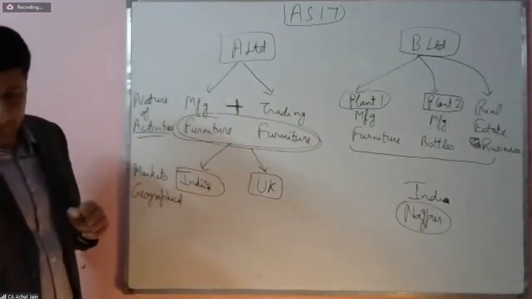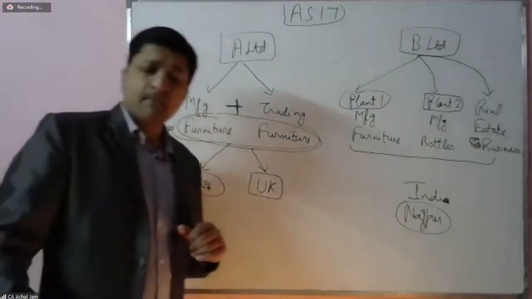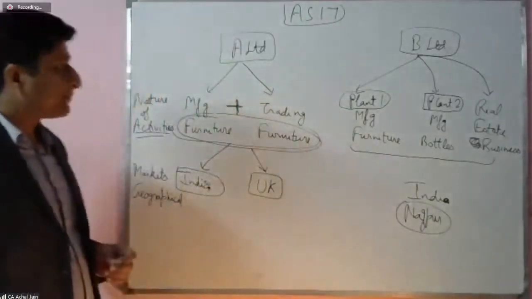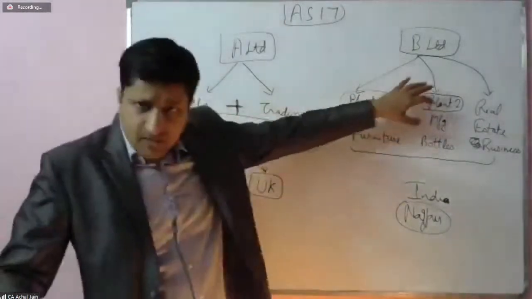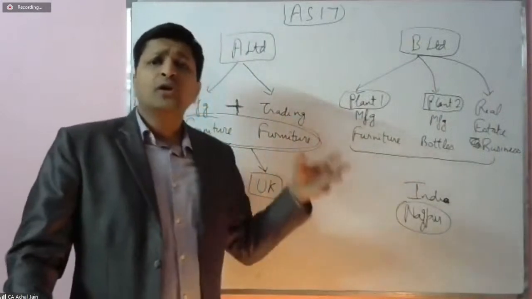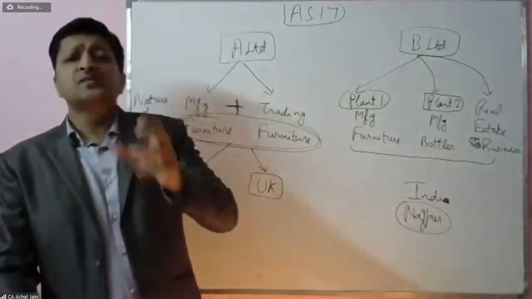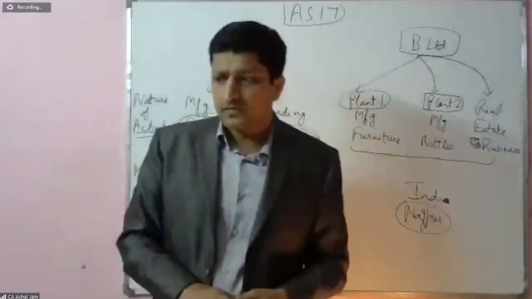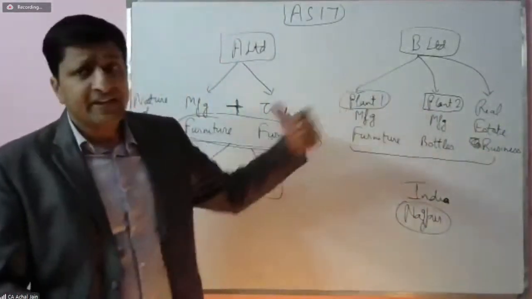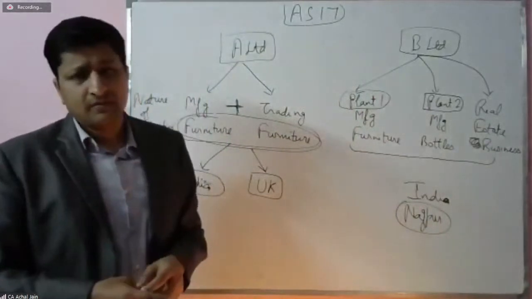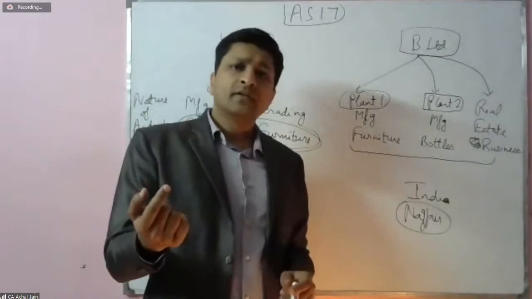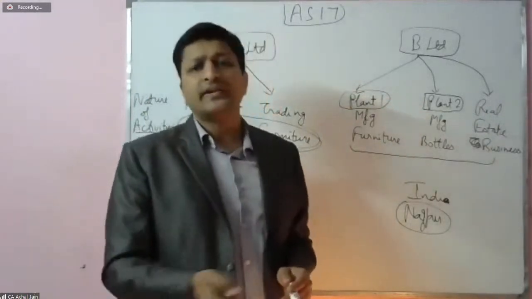Now here again, if you were the management of the company, forget about 3 lines of business. If you want to review the business performance area-wise, market-wise, for this company, it's relatively simpler. Why? Because this company is dealing into one market only. This is dealing into one geography only.